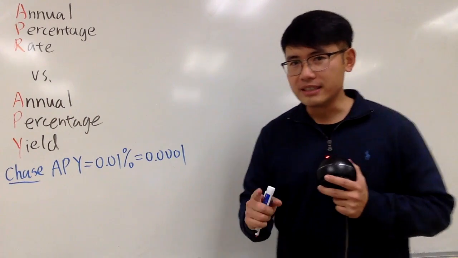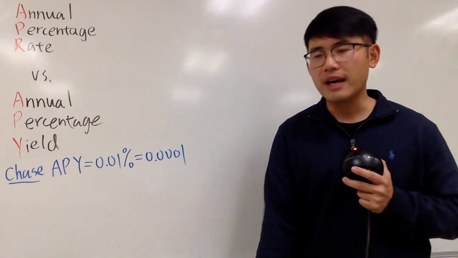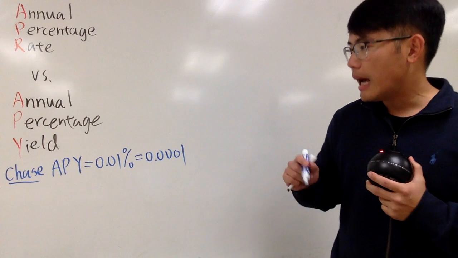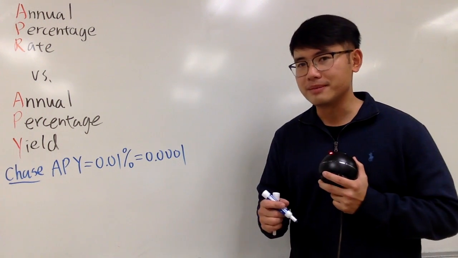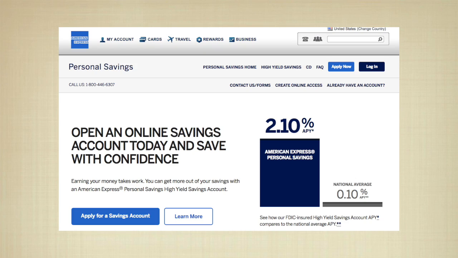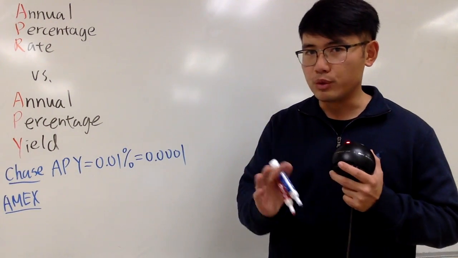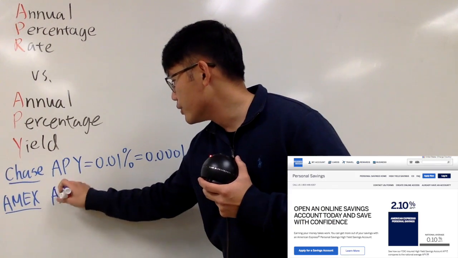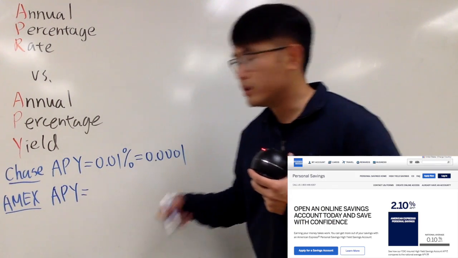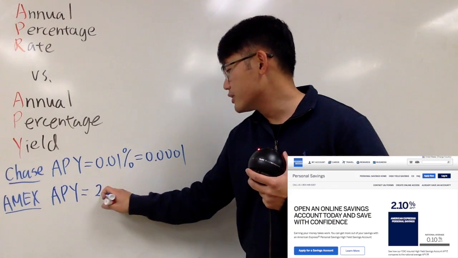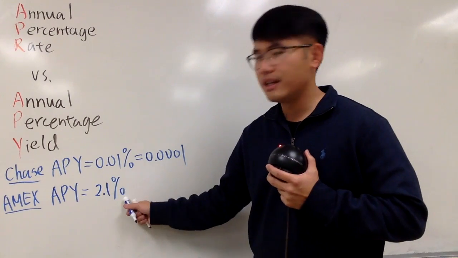First of all, you can learn something from this video right away because I'll tell you the account I use. I personally use American Express, and they do offer a much higher interest rate. You can see it right here. By the way, I'm not sponsored by any of this. I just want to do the math with you. Again, they use APY, which is on the website, and it's 2.1%.